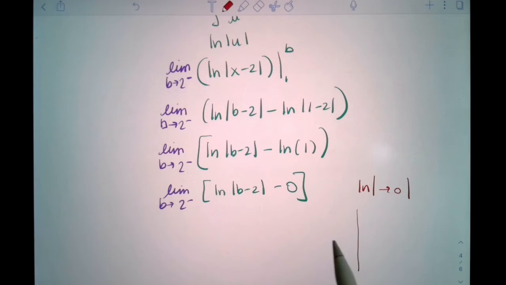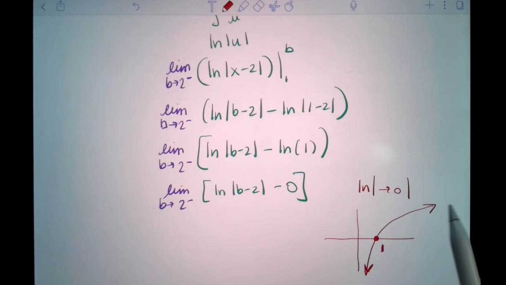Here's a graph of the natural log function. This has to be burned into your brain. You have to know how to graph the natural log function. This is it. It goes to infinity really slowly, right? But it does go to infinity, but it has a vertical asymptote at x equals 0. So I'll just label this as your graph of natural log of x.